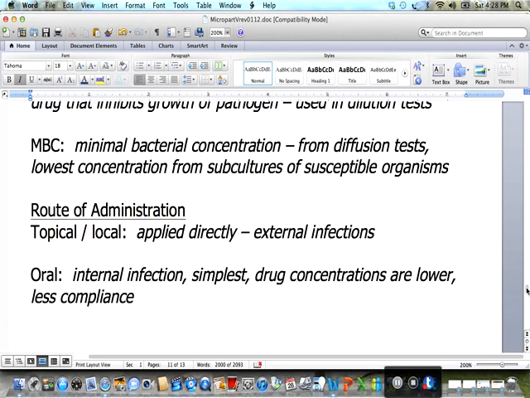Antimicrobials may be administered through different routes. Topical or local application is applied directly in external infections. Some agents are tolerated in topical applications, but not internal applications. Oral administration is the simplest technique for internal infections, but the drug concentrations are lower and patient compliance is lower.